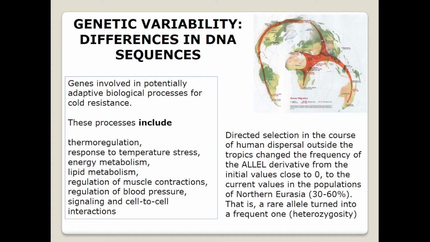Also you can see here how the human population was distributed from one place, Africa, to other places of the continent. And this gives that every population has different mutations which can give maximal and positive adaptation.